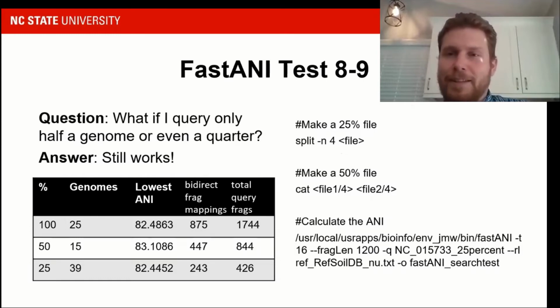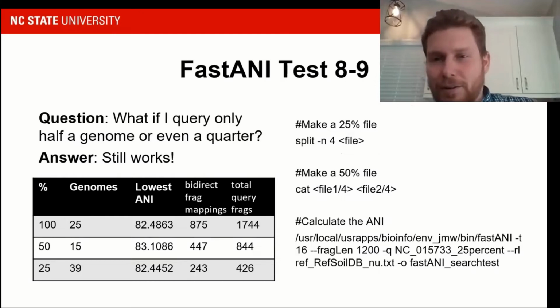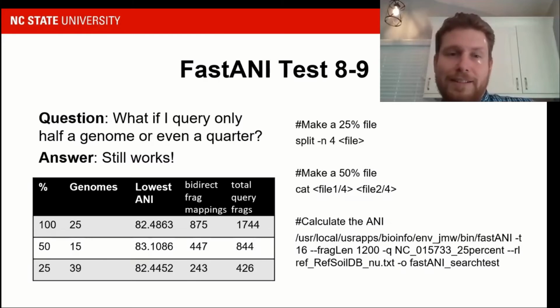It does. Remember how we said that FastANI only considers common regions between the query and the reference. That's why the lowest ANI doesn't change much for half and quarter genome searches, but our bidirectional fragment maps and total query fragments decrease.